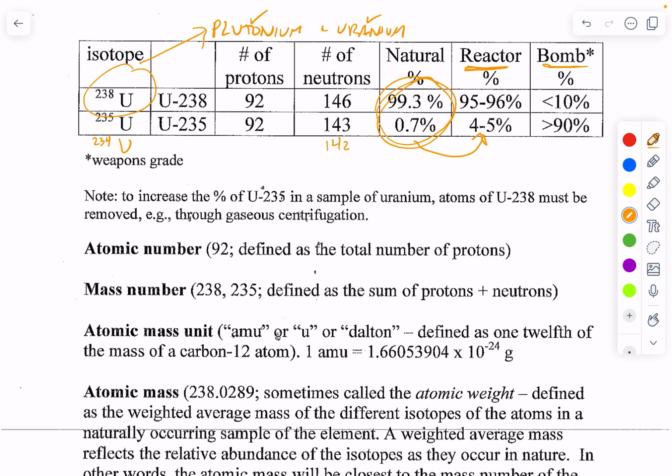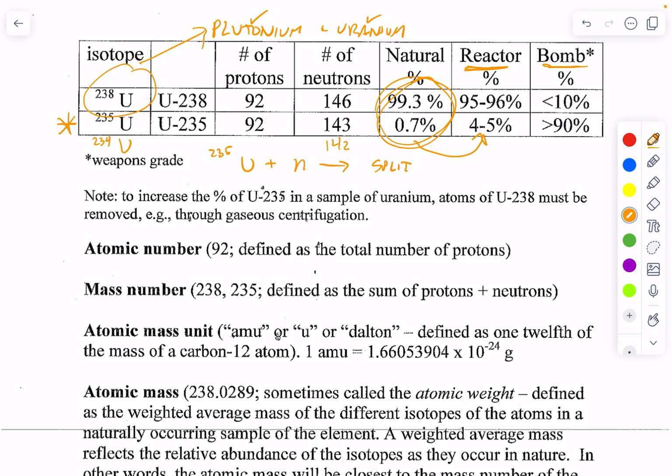And if I can go off on a brief tangent here for a minute, why do we want uranium-235 and not uranium-238? Because when we take uranium-235 and we hit it with a neutron, we've got to slow the neutron down a little bit, but when we hit it with a neutron, the uranium is going to split.